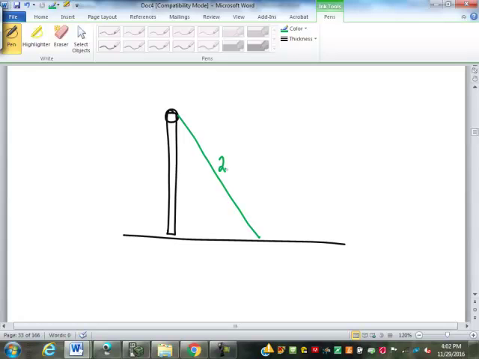Let's say that it is 25 feet long. And when they stretch it out, it goes 7 feet away from the base of the flagpole. So in your notes, figure out for me how tall is the flagpole.